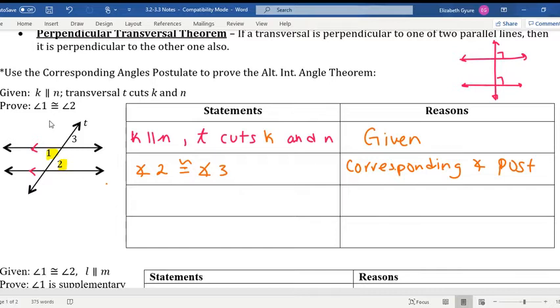And if these are vertical angles, what can we conclude about them? Nick? Yeah, they are congruent to each other, right? That is our vertical angle theorem. So we can now do that with angle 1 and 3. So angle 1 is going to be congruent to angle 3. That is the vertical angle theorem.